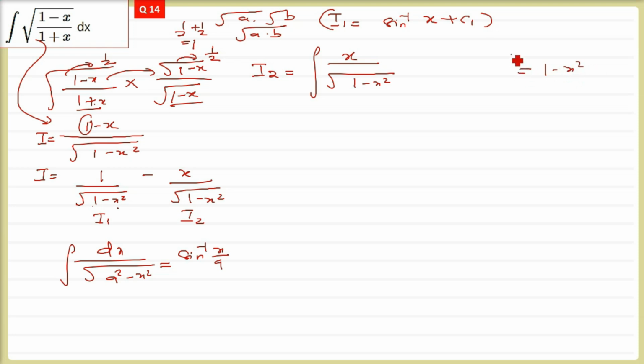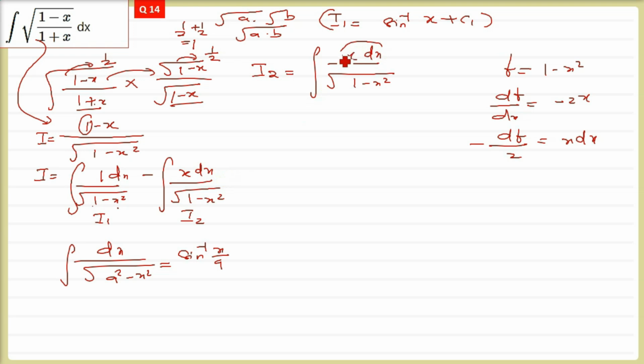If you take this 1 minus x square as t, dt by dx will be what? It will be negative 2x. That is, dt, minus 2 will come here, so negative dt by 2 equals x dx. So in this integration, x dx can be replaced by negative dt by 2.